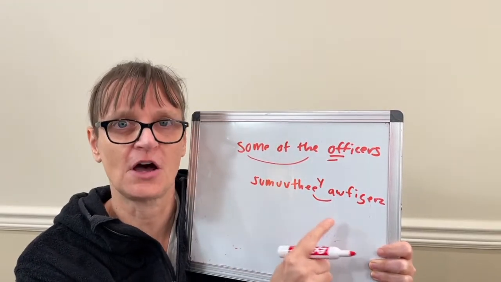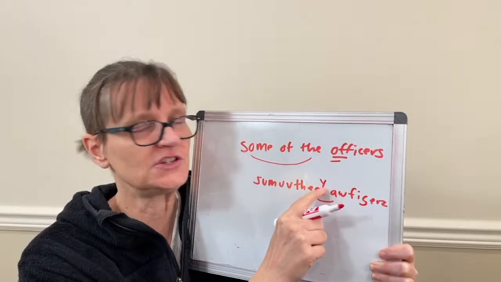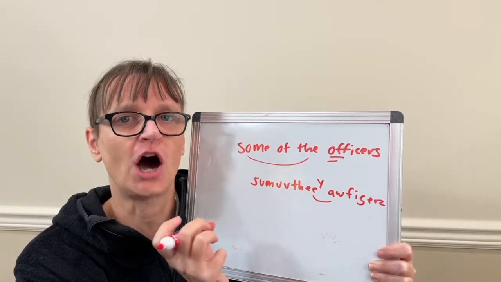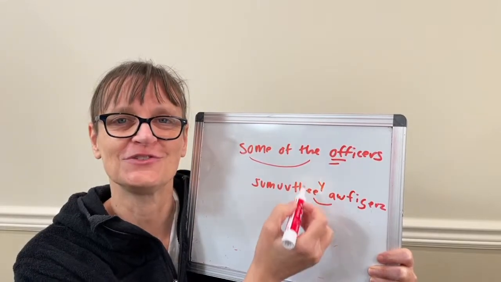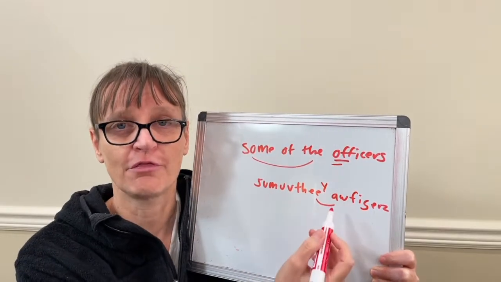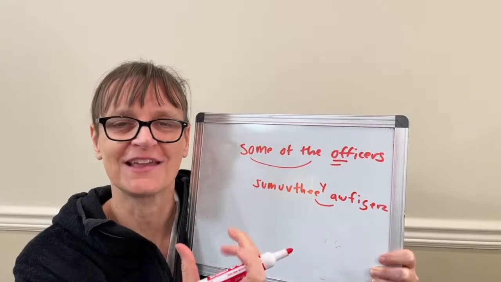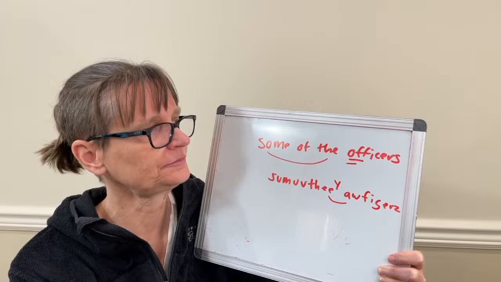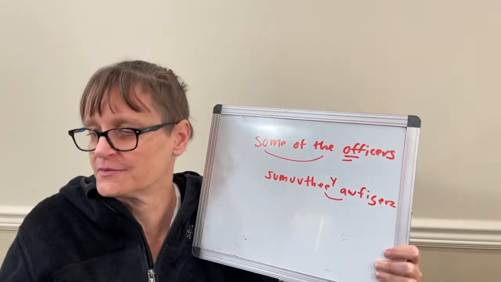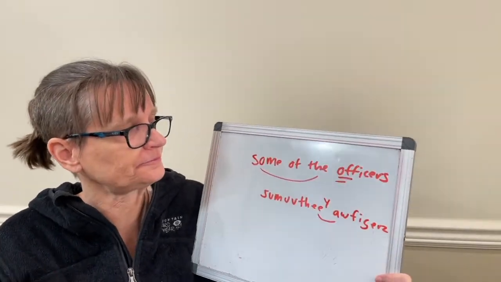I don't need to make it really strong, not "the-yofficers" with a strong y, but we just naturally, as we link those two in vowel to vowel linking, throw that gliding sound in. It's how we connect "ee" to "o." Some of the officers were there. Some of the officers said that.